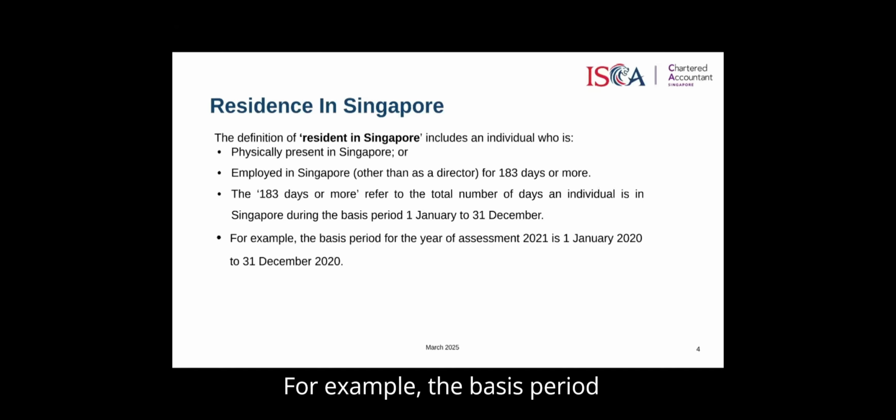For example, the basis period of an individual for the year of assessment 2021 will be 1 January 2020 to 31st December 2020. And this will be the period that we'll use to determine residency for that particular YA21.